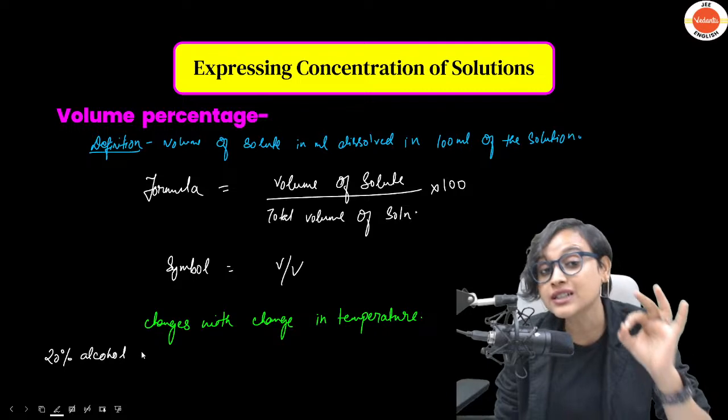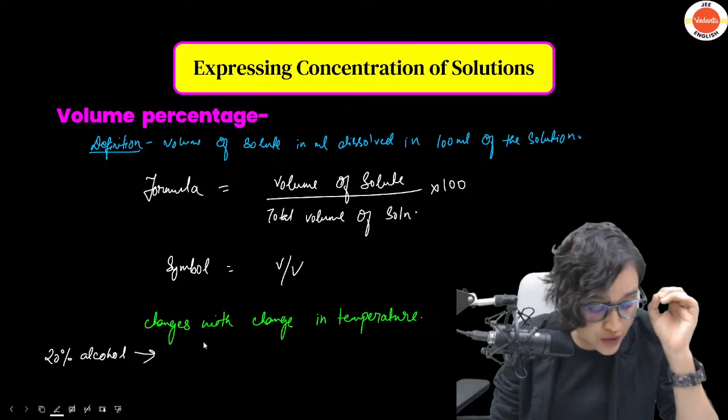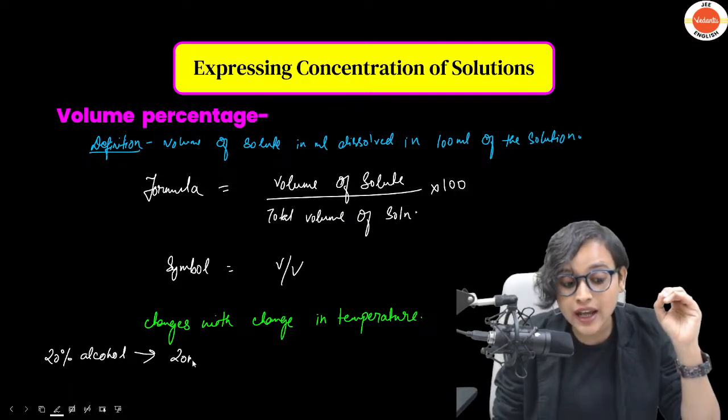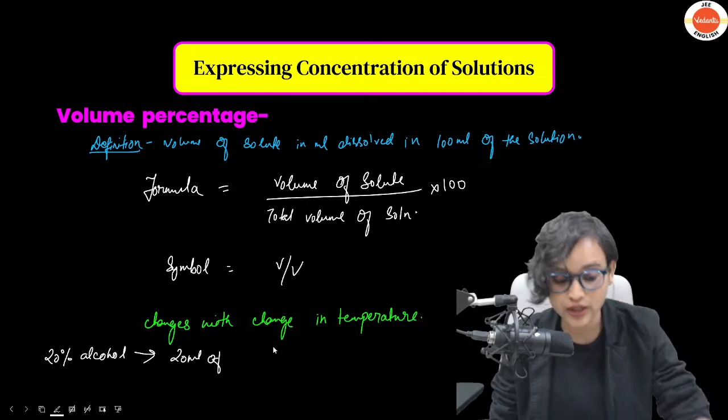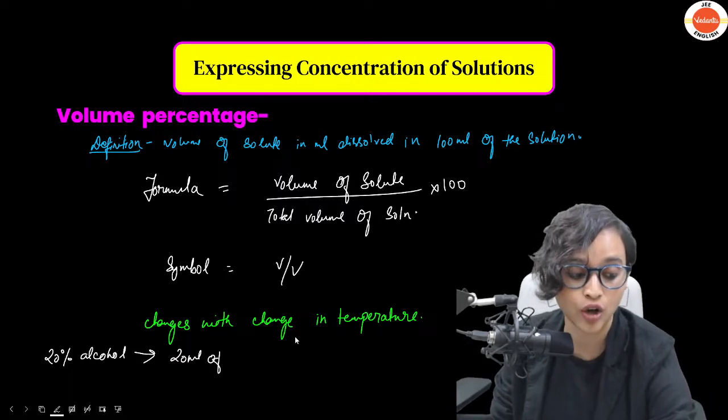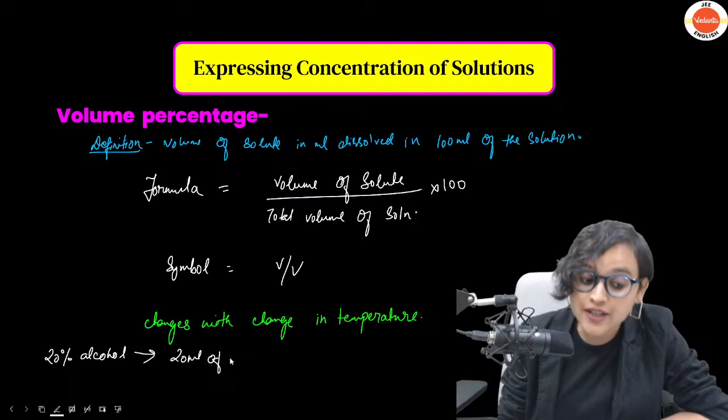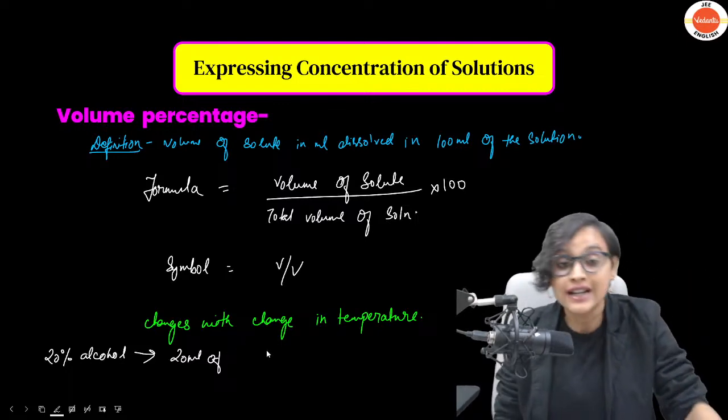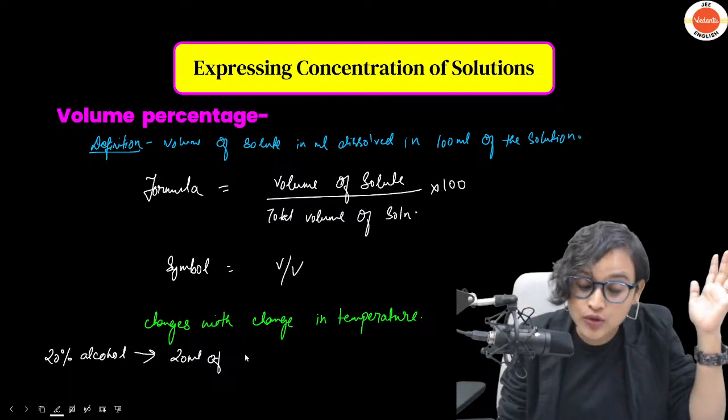By 20% alcohol, my dear student, I mean to say that 20 ml of alcohol is dissolved in water, resulting in 100 ml of solution.